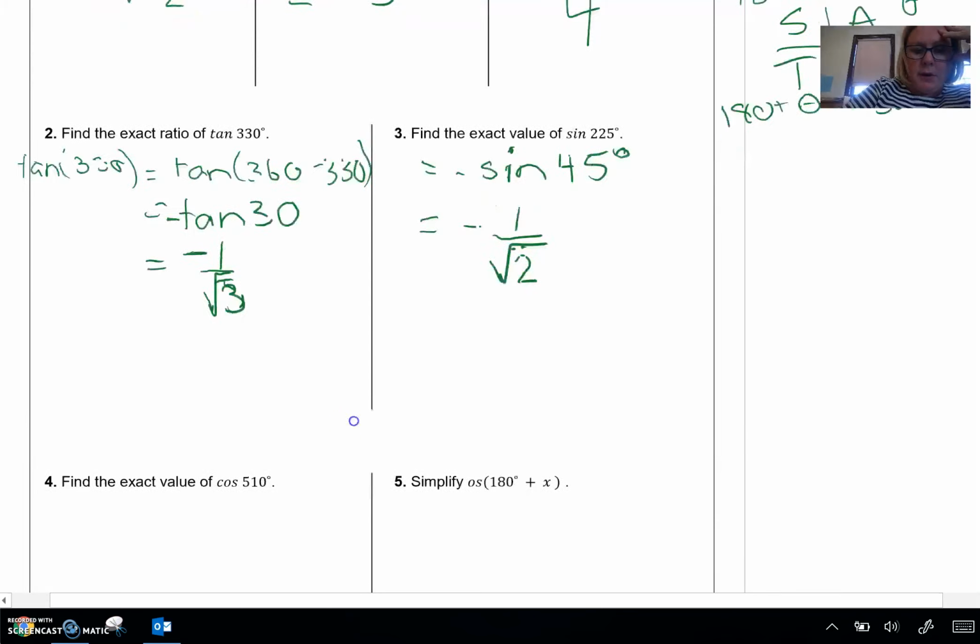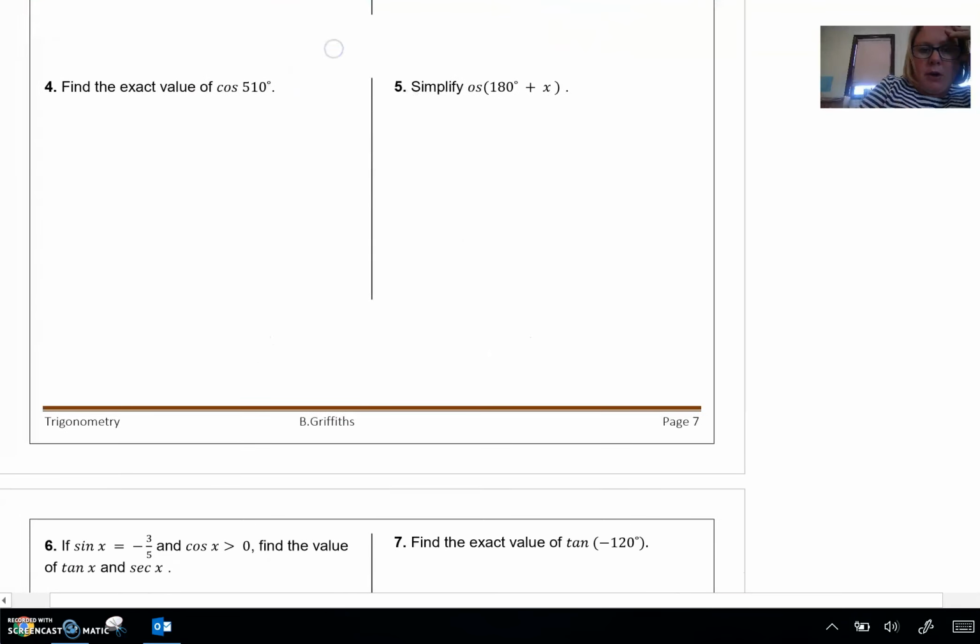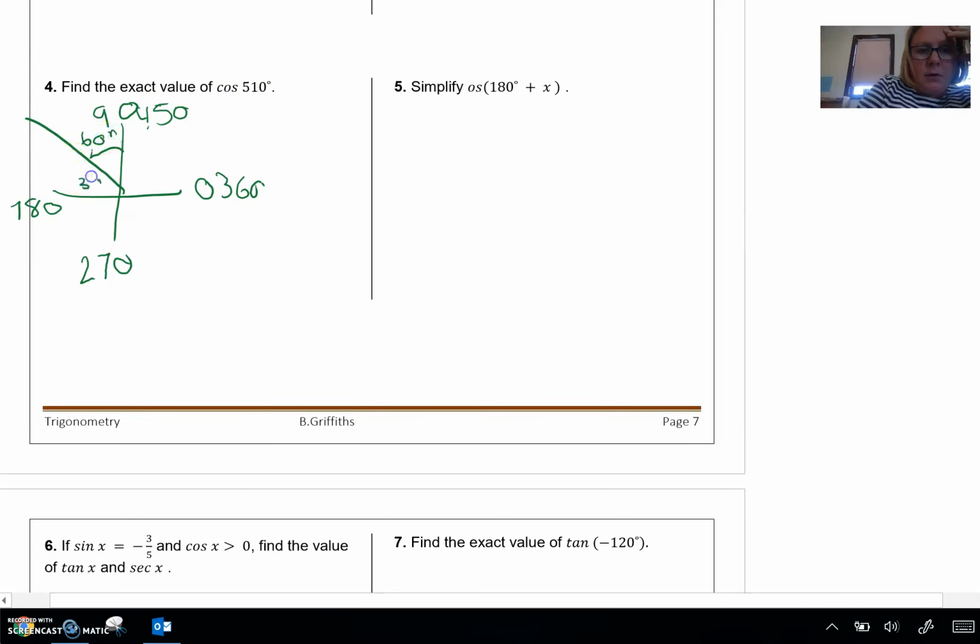Okay, find the exact value of cos 550. Now what I didn't explain before is that it keeps going. 0, 90, 180, 270, 360, add another 90, that's 450. So 510 is going to be 60 degrees here or 30 degrees here.